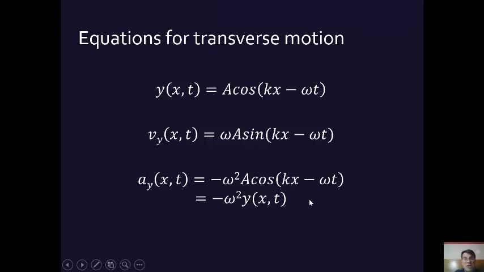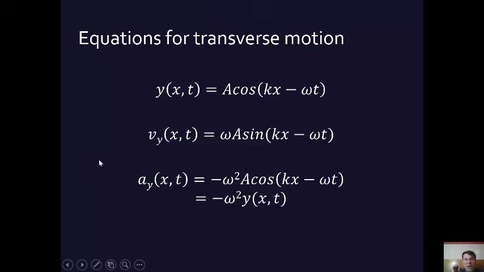This is similar to something that we saw in the simple harmonic motion chapter. The negative omega squared x, I believe, was the equation there that described the acceleration of a spring, say, going back and forth. Okay, so this is the stuff to know. If you don't know the next two slides, this is stuff to know.